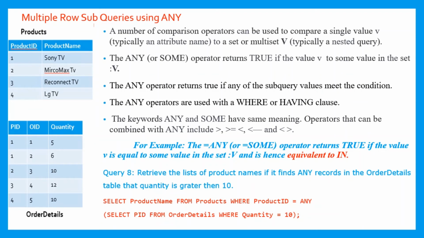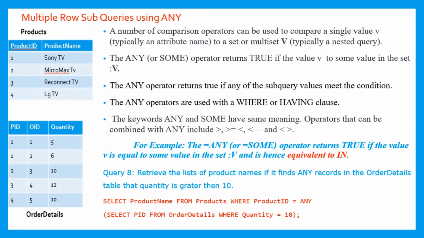In this slide, we are discussing multiple rows subqueries using the ANY operator. In previous slides, we discussed multiple rows subqueries using the IN operator. A number of comparison operators can be used to compare a single value v, typically an attribute name, to a set or multiset V, typically a nested query.